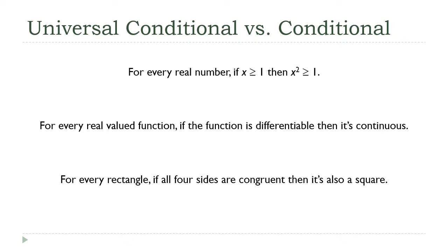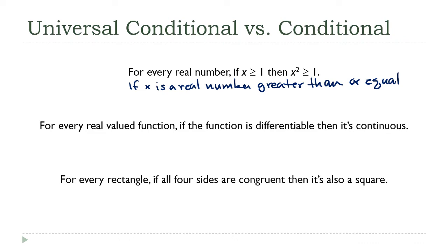For example, the first statement here could be written: if x is a real number greater than or equal to 1, then x squared is greater than or equal to 1.